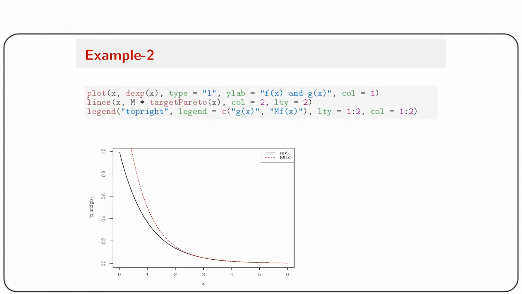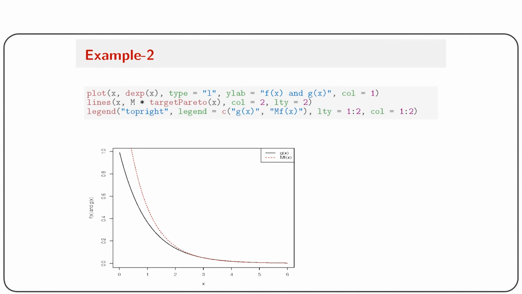Then we can plot x with the density of the exponential distribution. This plot will give the density of the exponential distribution, and the dotted line is indicating the target Pareto distribution, so one is g(x) and the other is m f(x).